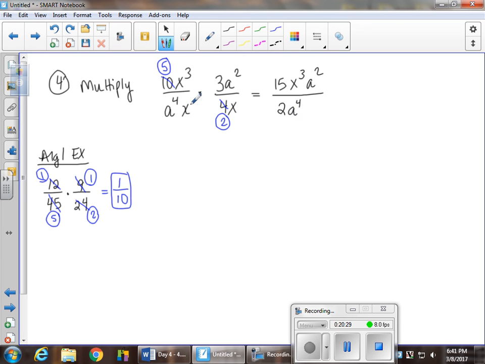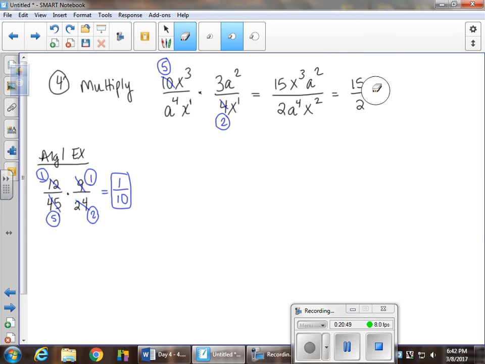I have x to the 1 times x to the 1, that's going to be x squared. So this cleaned up nicely. Final step is to simplify our variables. So 15 and 2 both stay in their respective spots. And that line's a little crooked.